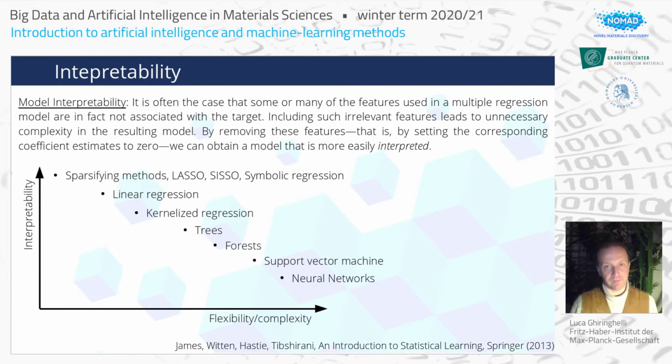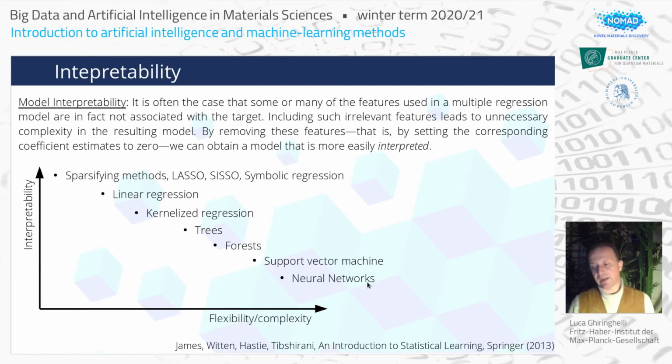In the book they went further. This is a slightly modified version of what you find there. You have a kind of ranking of interpretability versus flexibility, or complexity, of the algorithms. The methods that try to have as few features as possible, which I will talk about at length in the next lecture, are high in interpretability, and then the more complex you make them, you will see all of these algorithms in the following lectures, the more they become complex, the less interpretable they are.